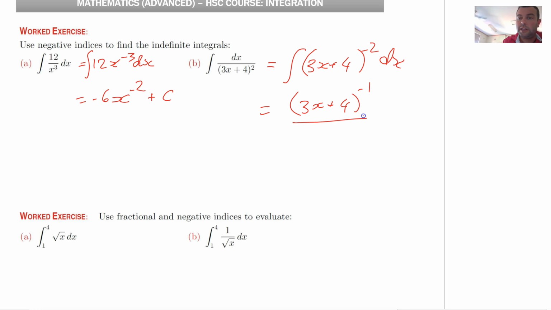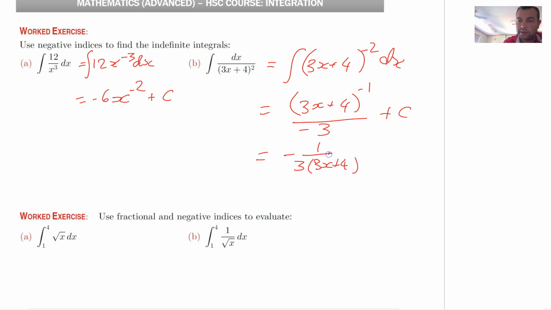And I divide it by this number times this number, by negative 3, plus our constant. We were given this as a fraction, so we should probably return it that way. Now that gives me negative 1 over 3 times 3x plus 4.